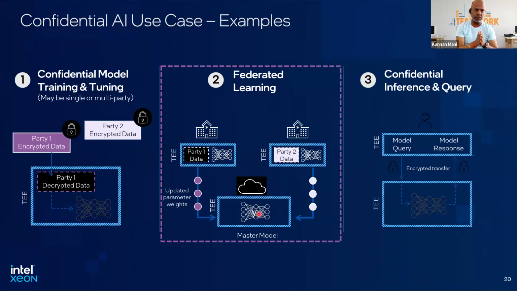Are you going to expose that data when you're doing the training or the inferencing? That's what it shows, right? It does federated learning coming from two data sources, all completely encrypted and decrypted, and it moves into a master model. That's where the data from both parties comes in, and all of them are running in a TEE. It's called a Trusted Execution Environment.